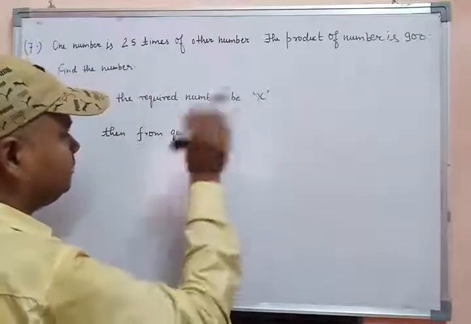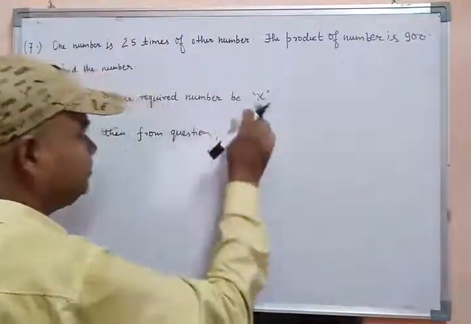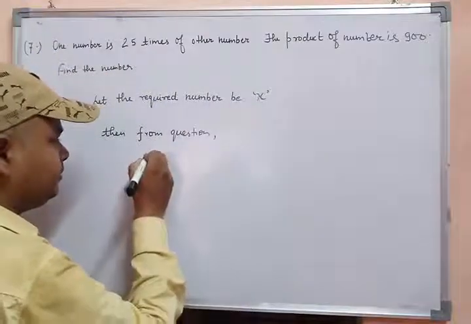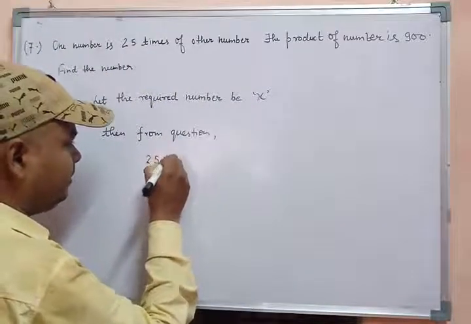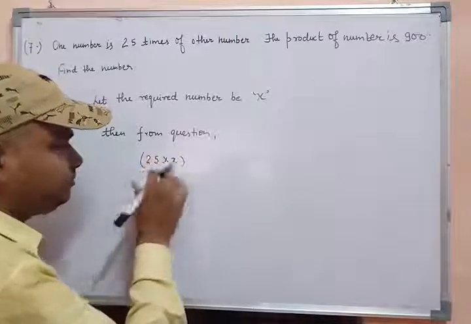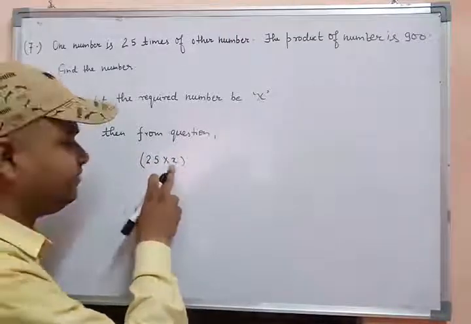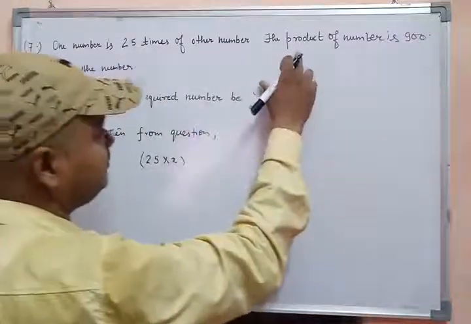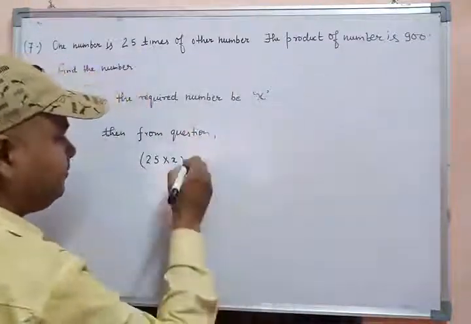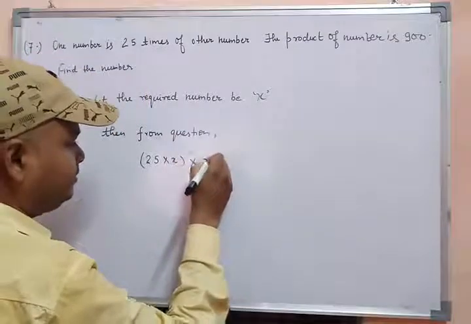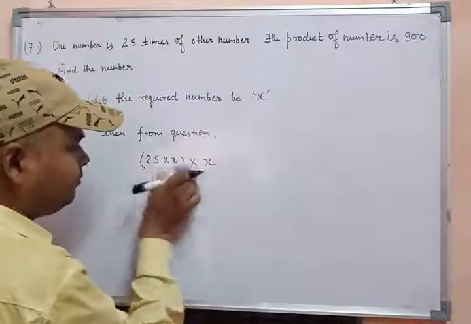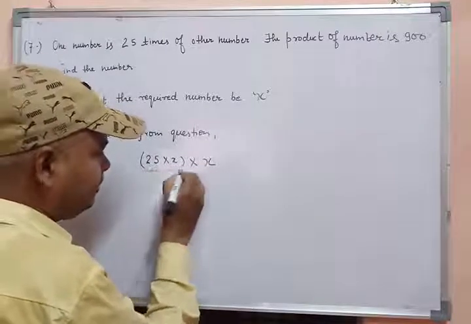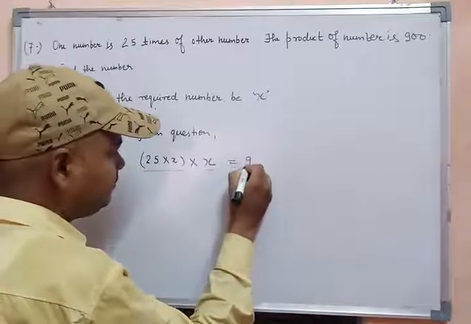If the other number is x, then its 25 times number is 25 multiplied by x. Again you have to find the product of the numbers. If you multiply this number by this number, then the product is given as 900.